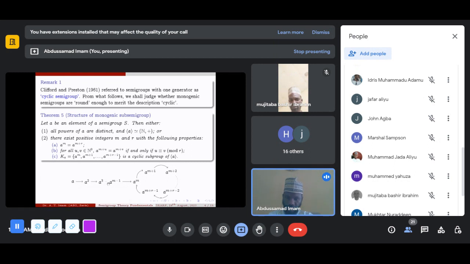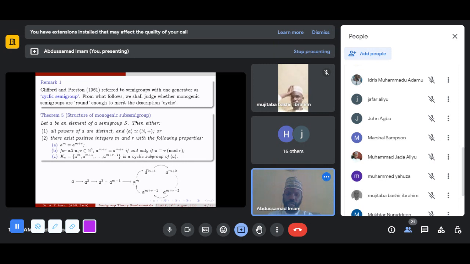And I will try to depict the structure here. You start from a, then a square, a cube, a to the power 4, up to a to the m minus 1, a to the m, a to the m plus 1, a to the m plus 2, and it continues like that up to a to the m plus r minus 1, and then a to the m plus r will coincide with a to the m.